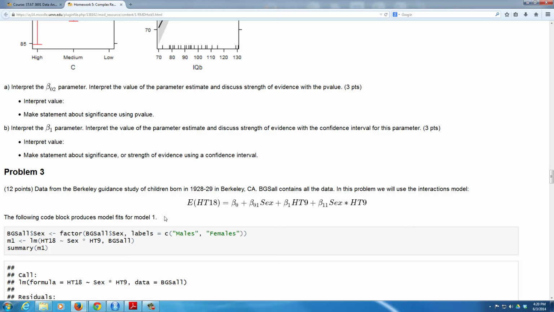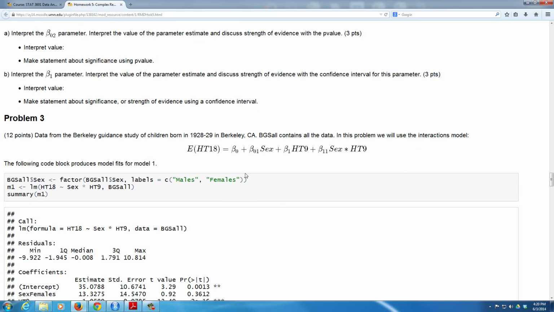Problem 3 is from the Berkeley Guidance Study for Children. In this one we're going to use all of the data, both boys and girls, and the model we're going to examine is a model that connects height at age 9 with adult height at age 18, and we'll have separate lines for the two sexes, male and female.